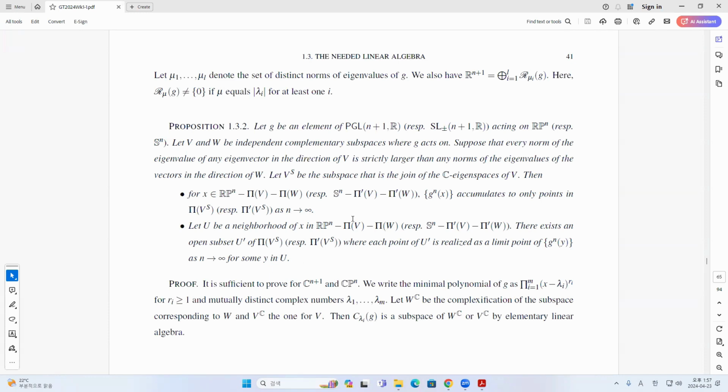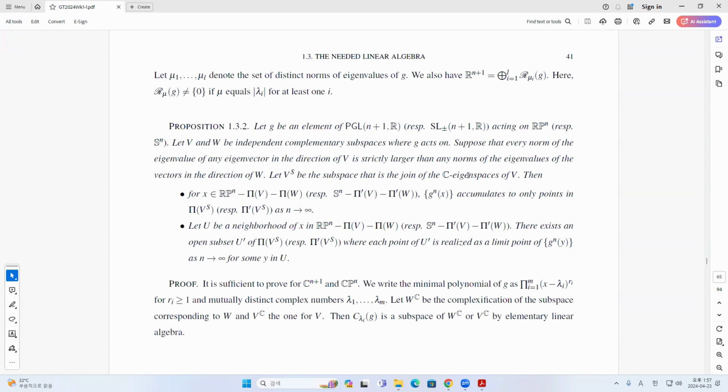Okay, so what this means is that if you have stronger eigenvalues for V than for W, and this relation is strict, then whatever g^n x will accumulate only to those points.